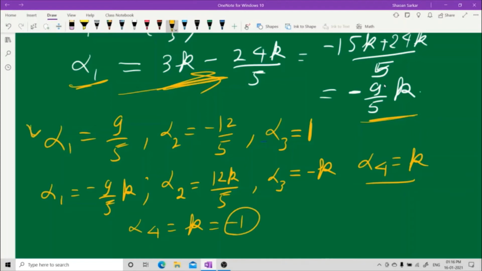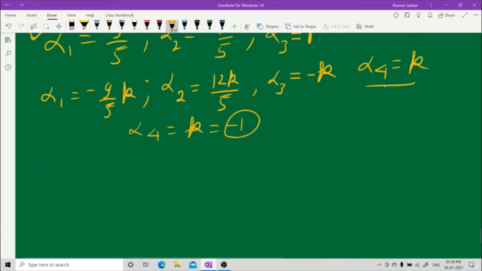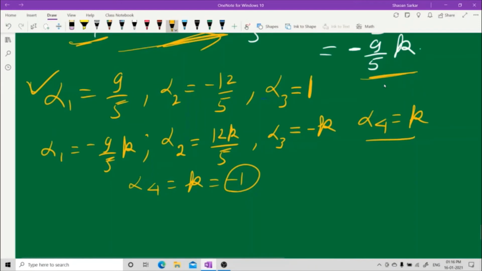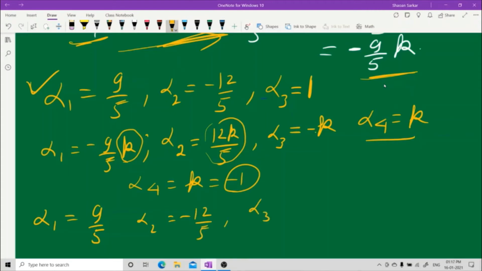What will you get for alpha 1? You put minus 1 here, so you will get 9 by 5. You put minus 1 here, you will get alpha 2 as minus 12 by 5. You put alpha 3 as minus k, minus and minus will give you plus.